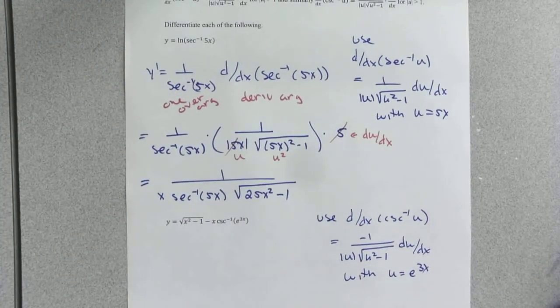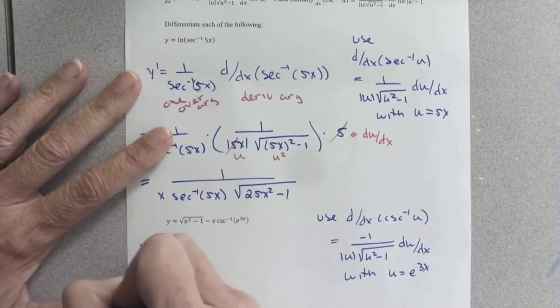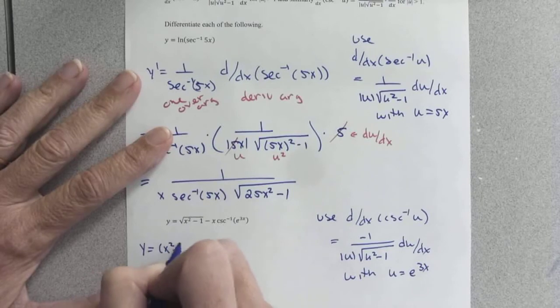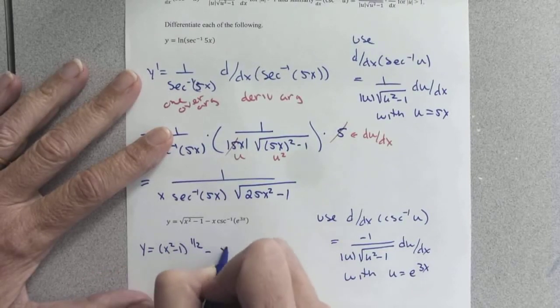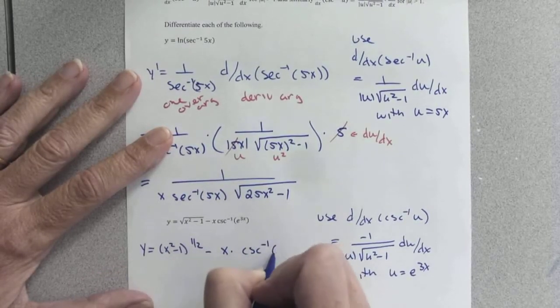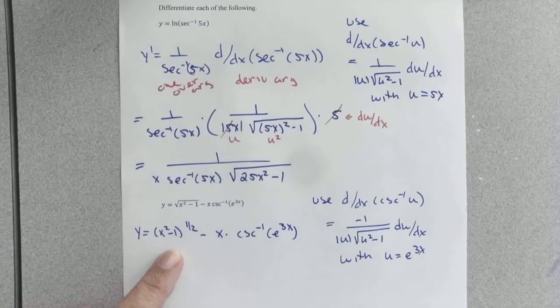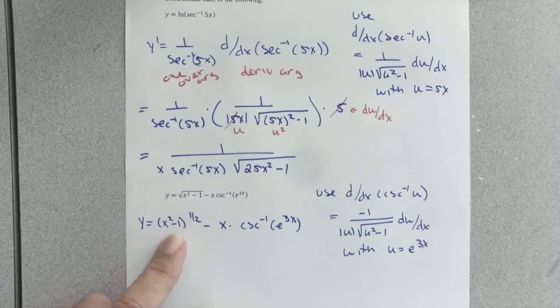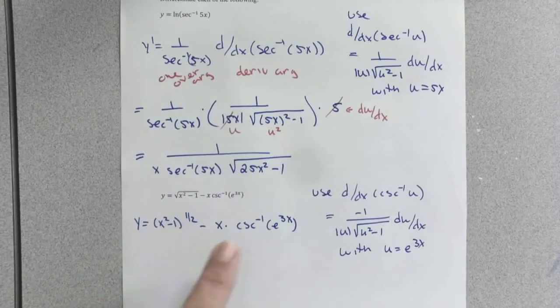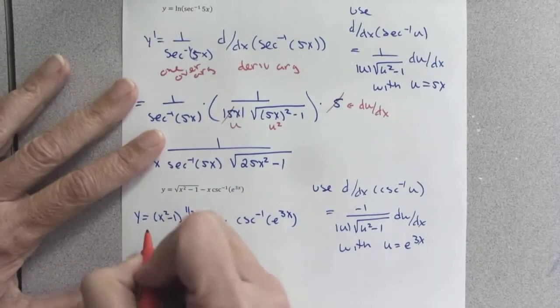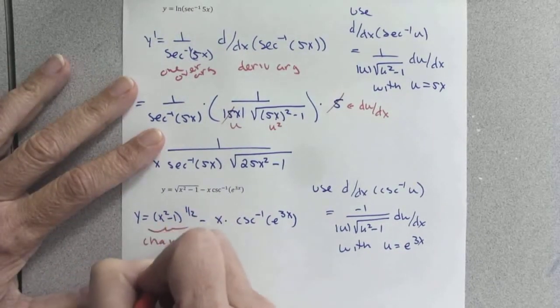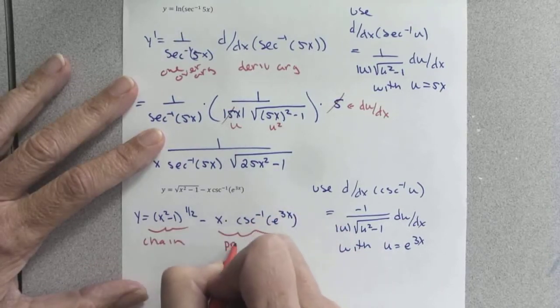But that's not where we're going to get to first. Just going to do a little rewriting here. And as we've done these more and more complicated derivatives, sometimes when we throw in something simple, people are like, what do you do with this?